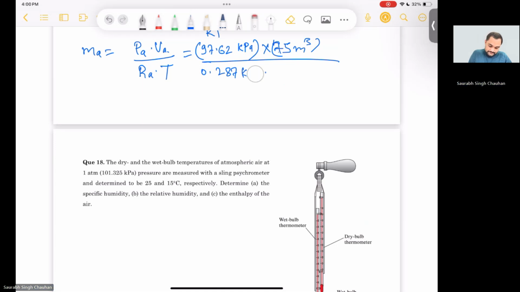Kilopascal meter cube per kg Kelvin, into the mixture temperature, which is 25 degrees Celsius. You need to convert 25 degrees Celsius into Kelvin, so it will be 298 Kelvin.